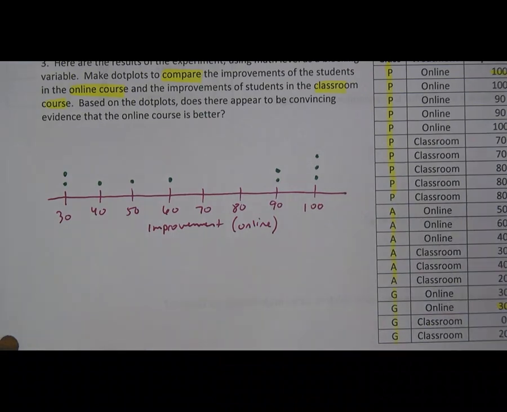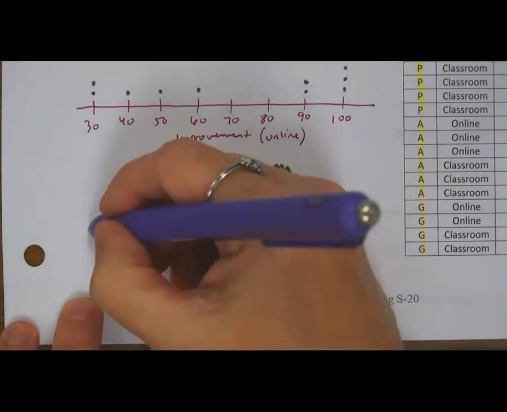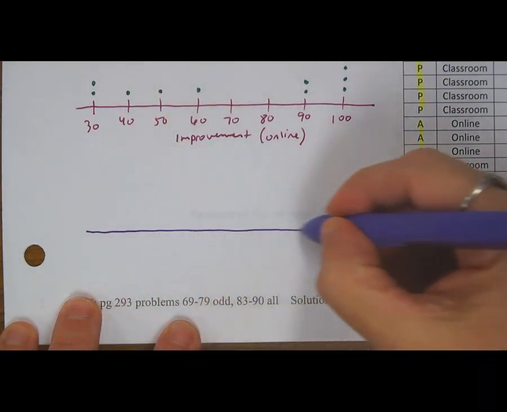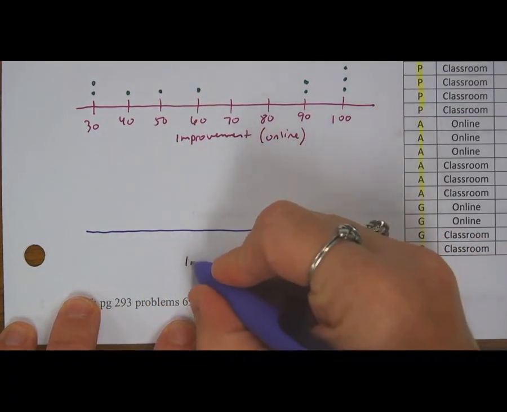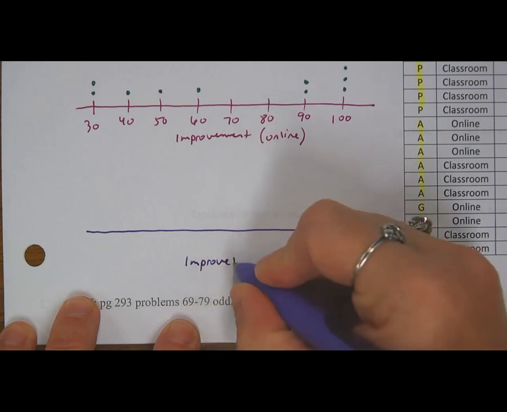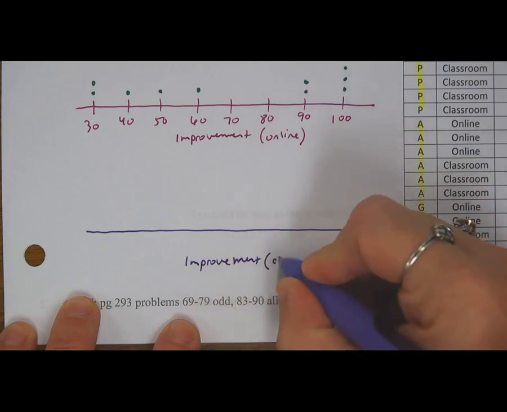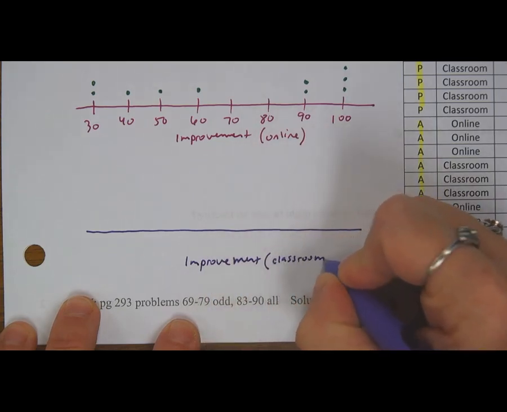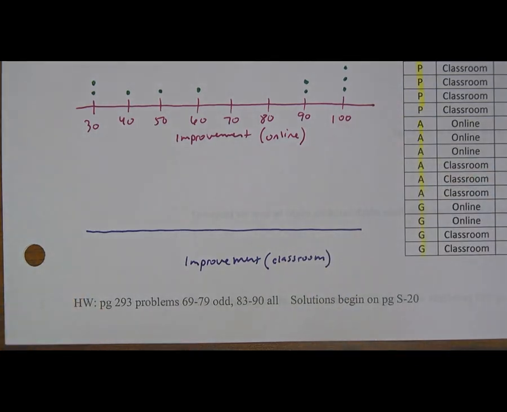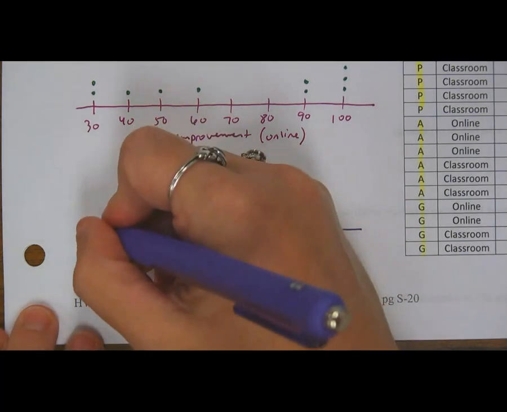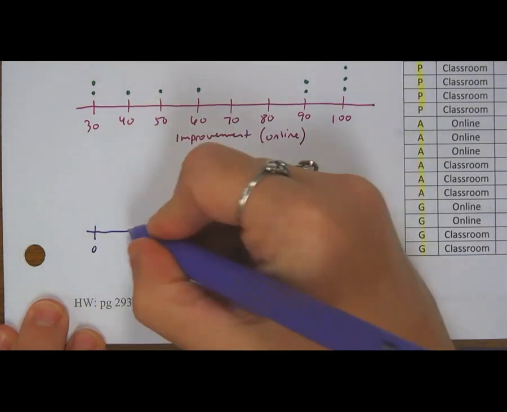We're going to do the same thing, but now this is going to be the classroom improvement. And it looks like classroom goes from 0 up to 70. So I'll probably do the same thing. I'll probably start at 0 and count by tens.